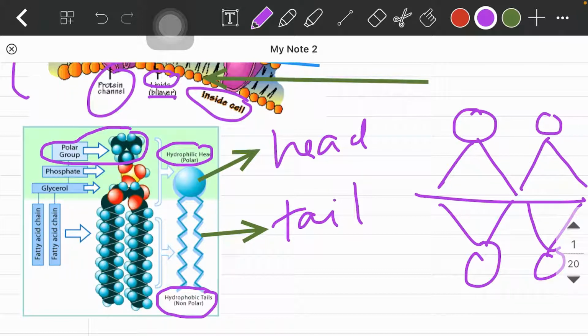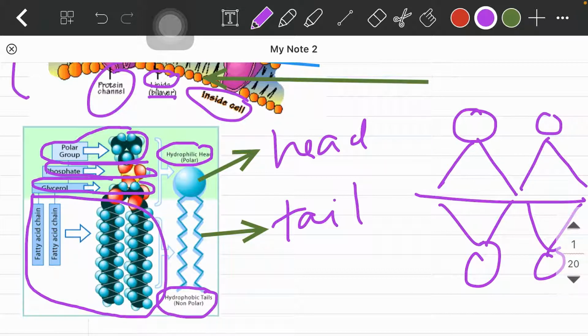We also have the phosphate group in this part, phosphate, and the glycerol, and then in this tail part we have the different fatty acids. So yun yung pinaka basic parts ng lipids sa cell membrane. Okay, so that is for the part.